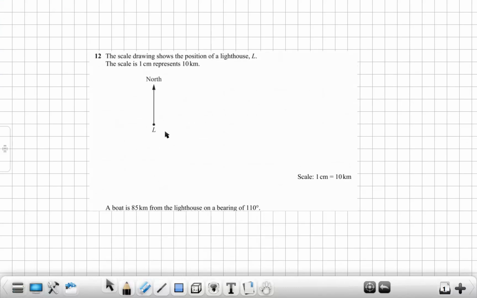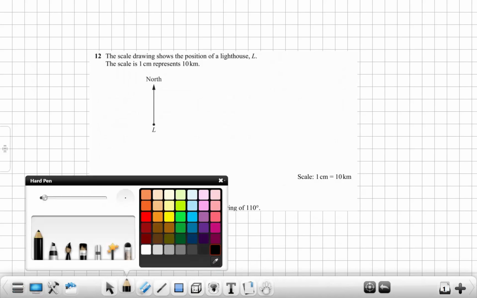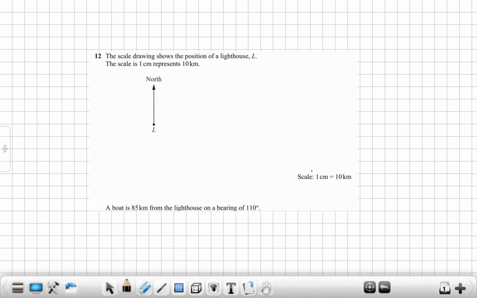So they're telling you a boat is 85 kilometers from the lighthouse on a bearing 110 degrees. The first thing that you must do is use the scale. The scale says to you 1 centimeter is 10 kilometers. I want the 85 kilometers, then your line must be 8.5 centimeters because 1 centimeter is 10 kilometers.